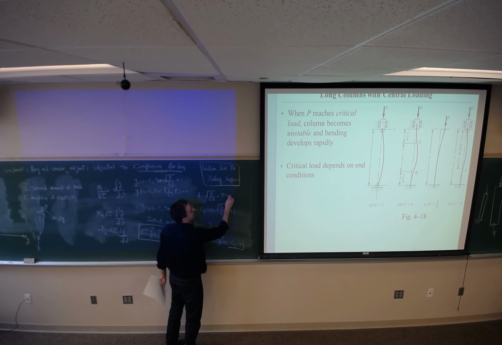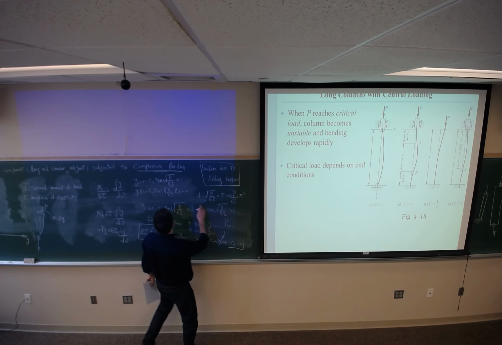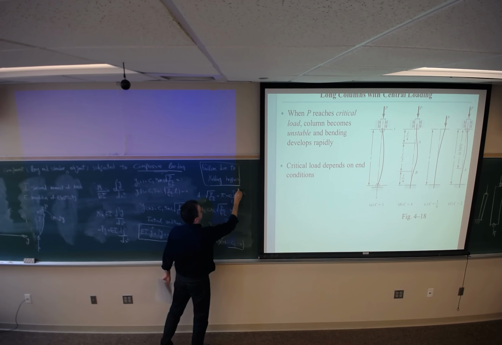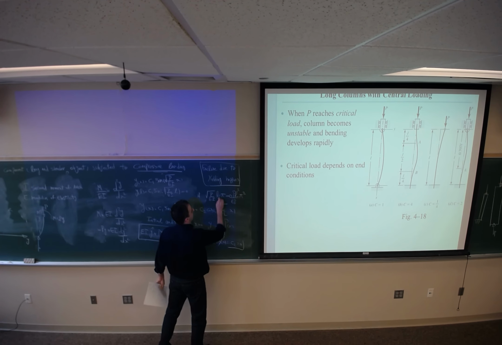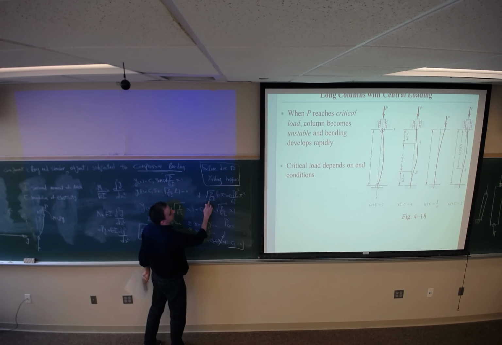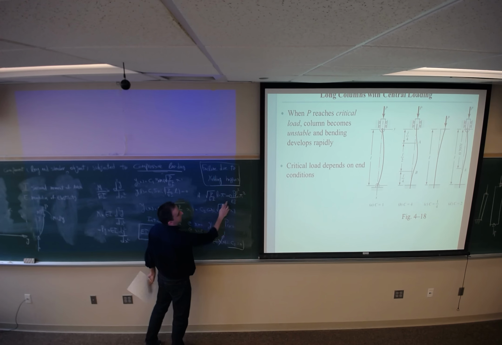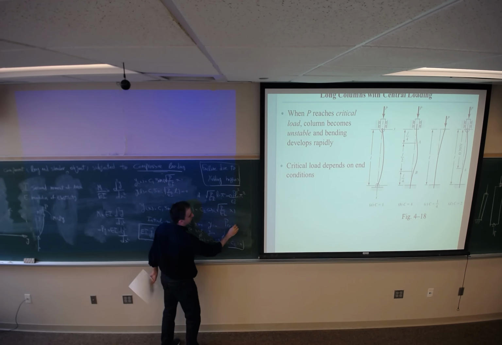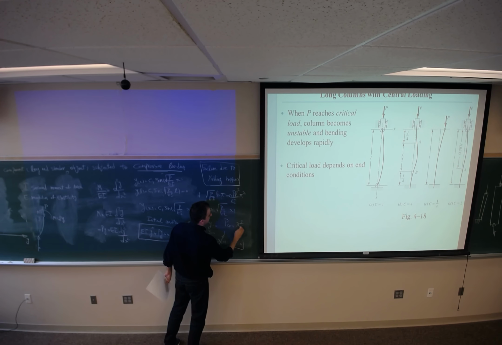If I square this, I will get P over EI equals pi squared. I forgot this L: square root of P over EI times L equals pi. If I square both sides, I will get P over EI, L squared, equals pi squared. So P equals pi squared EI over L squared.